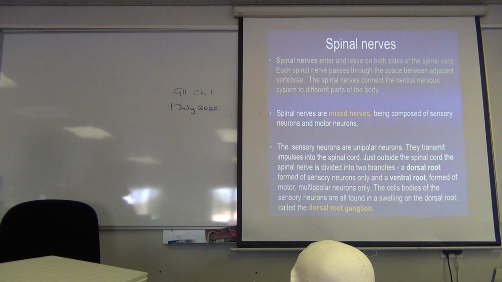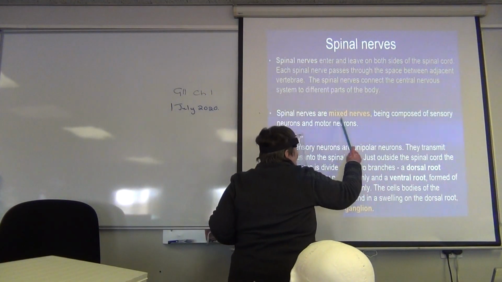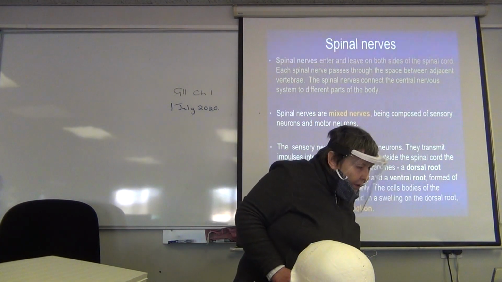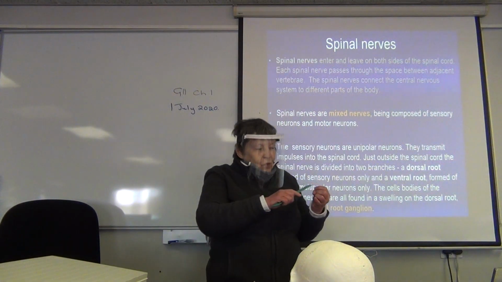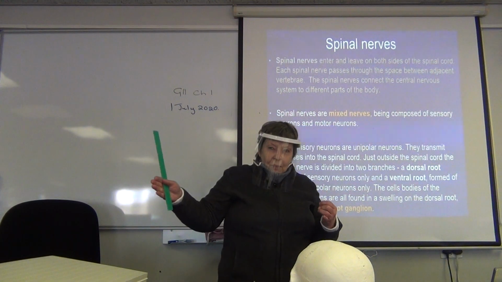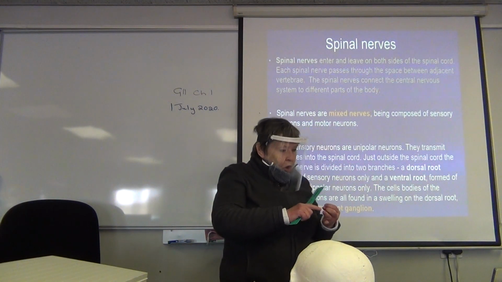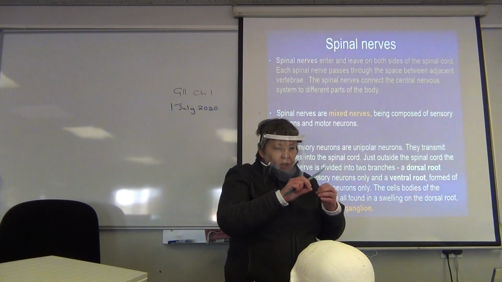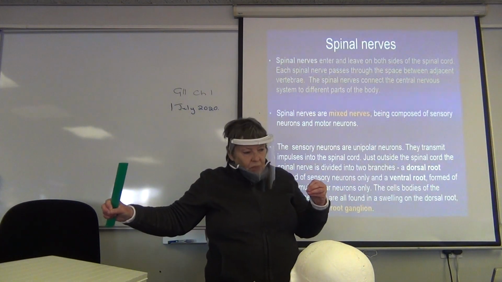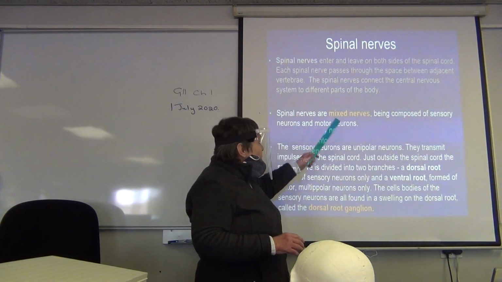Okay. So spinal nerves are mixed nerves. And when I spoke about nerves, I said to you that nerves are sensory, that transmit impulses from sense organs towards the central nervous system, or they can be motor, in which case they're transmitting impulses from the central nervous system to an effector organ, or they can be mixed nerves.